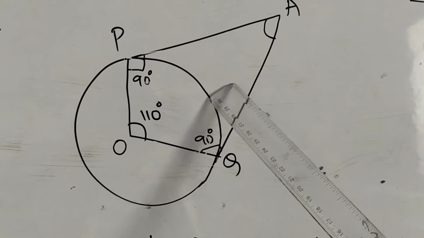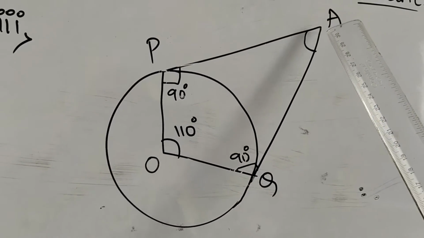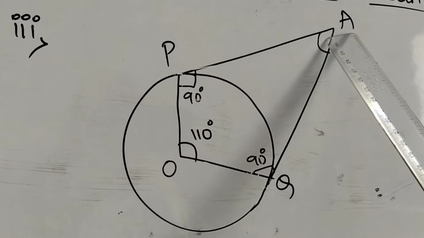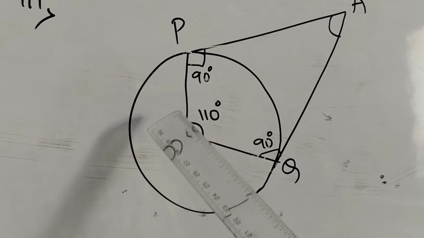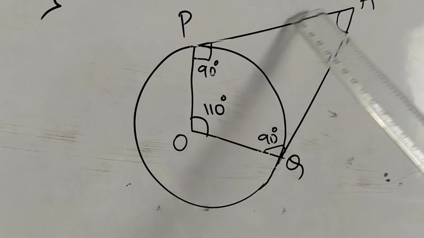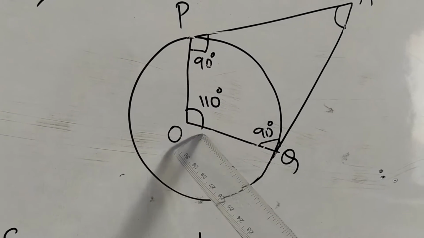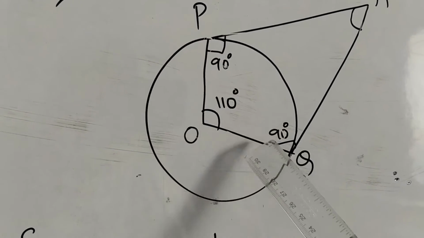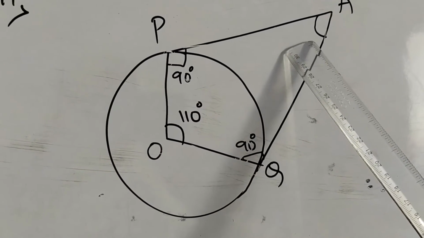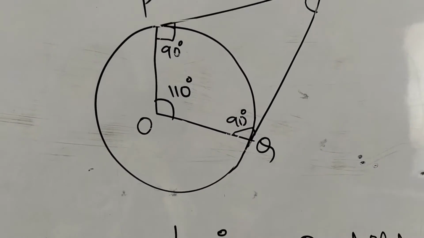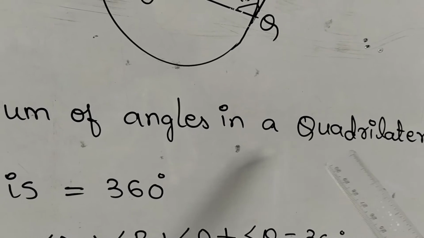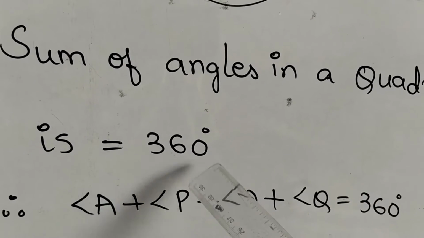Now observe in the figure students, this is forming a quadrilateral, that is PAQO. This figure is forming a quadrilateral, and we have three angles of a quadrilateral. We need to find the fourth angle. So we know that the sum of angles in a quadrilateral is 360 degrees.